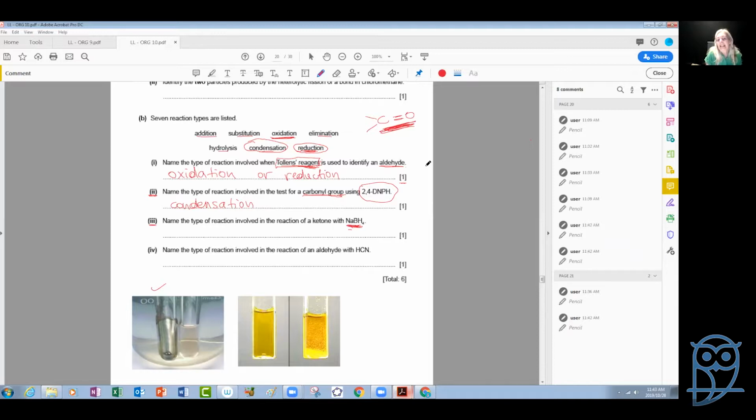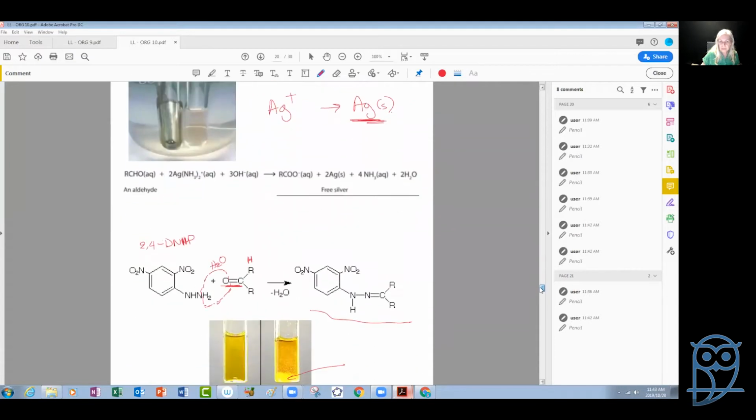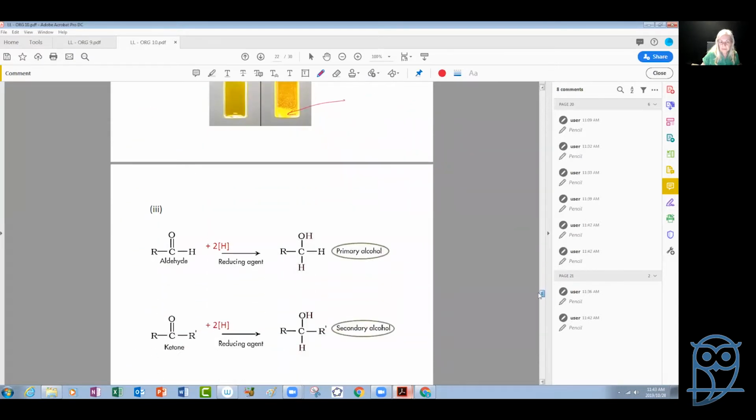So when an aldehyde or ketone reacts with sodium tetrahydroborate, it is reduced. Maybe we can write the reaction here.